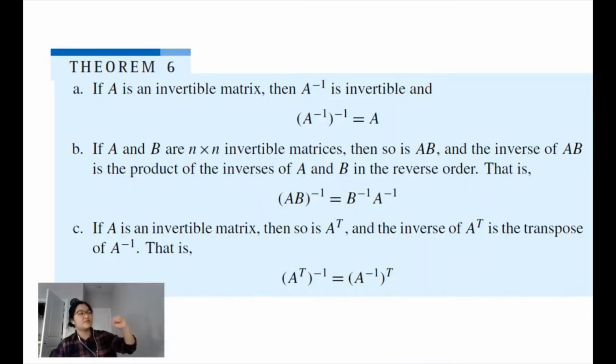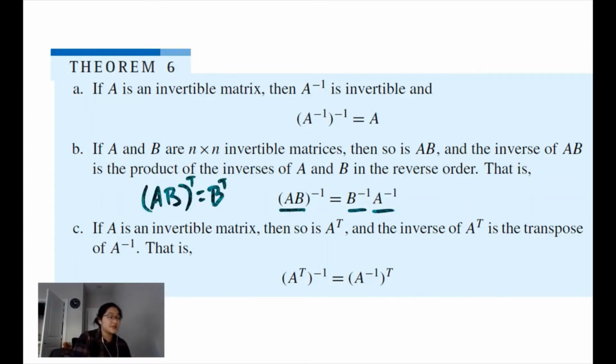So if we have an invertible matrix, then that inverse is invertible. Like, wild. Well, that's actually pretty cool, because then if you take the inverse of your inverse, then you get out your original matrix. If you have invertible matrices, then you can take the inverse of their product, and that's the product of their inverses in reverse order, similar to our transpose, where we had AB transpose is B transpose times A transpose.